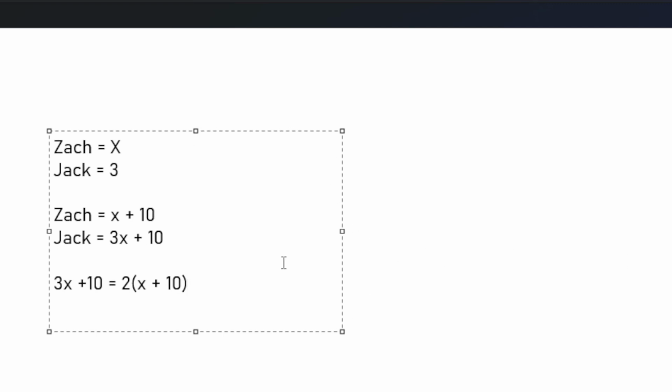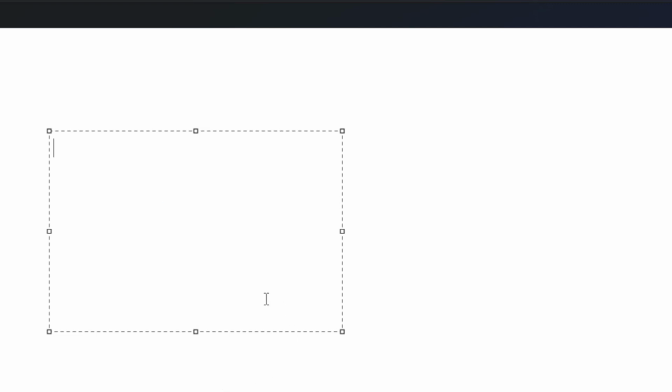Now let's solve this equation step by step. First, we need to expand the right side of the equation.